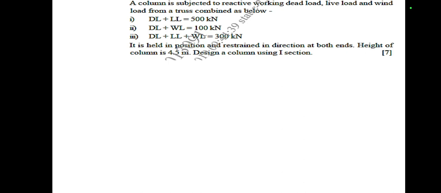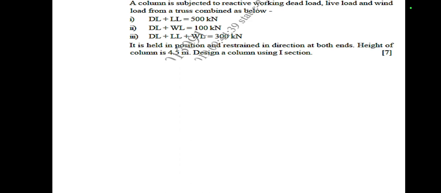It is held in position and restrained in direction at both the ends. The height of the column is 4.5 meter. Design a column using I section.